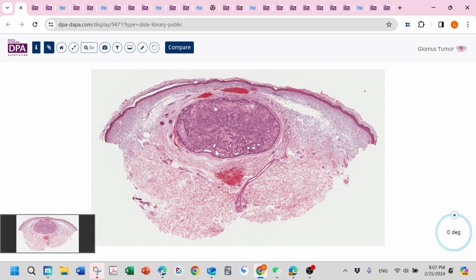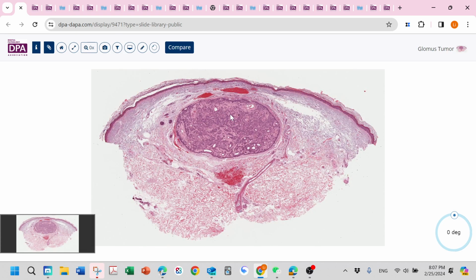When you cross the line here, left and right, it looks identical, relatively small. In this power, you may see some highlighted stroma, some empty space, highly suspicious for a blood vessel.